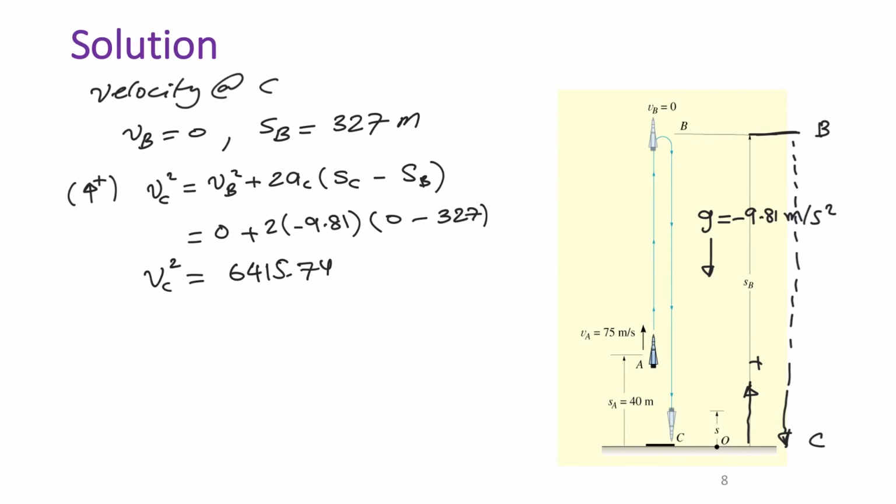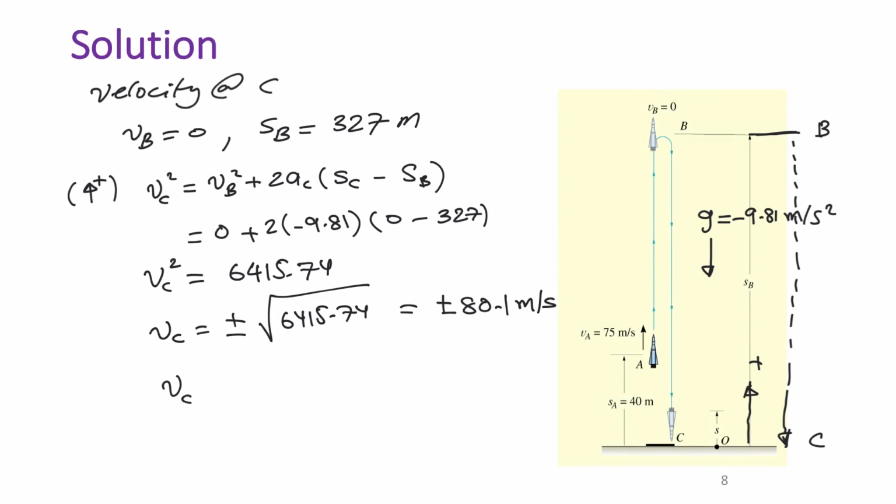Now, if you take the square root of 6415.74, you will get plus or minus 80.1 meter per second. Now, we are going to select the negative root, not the positive one.